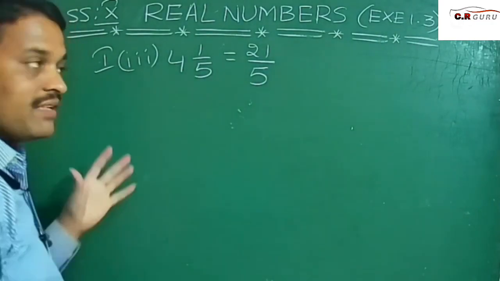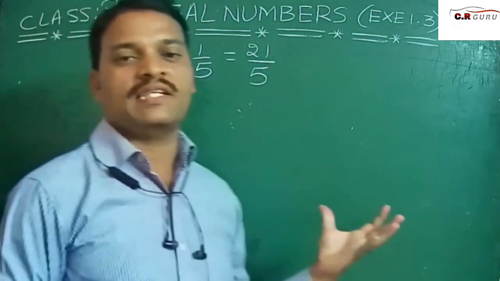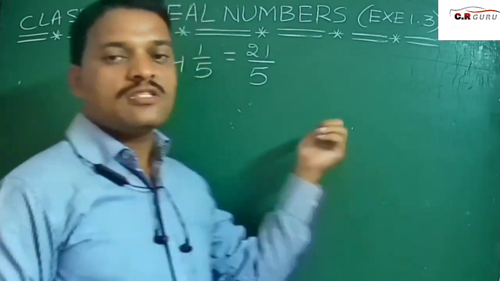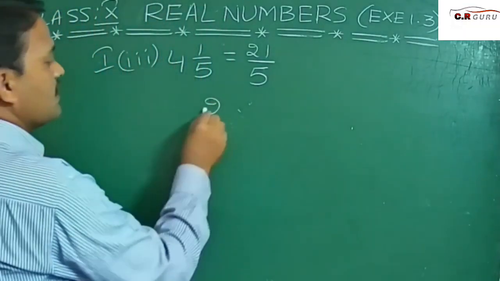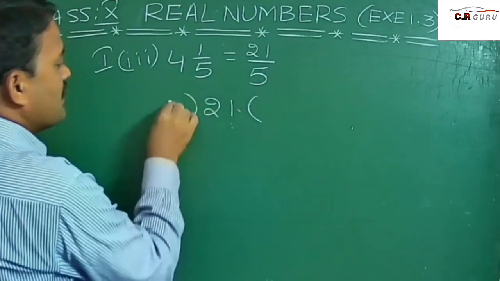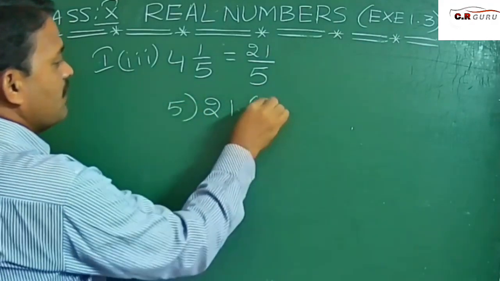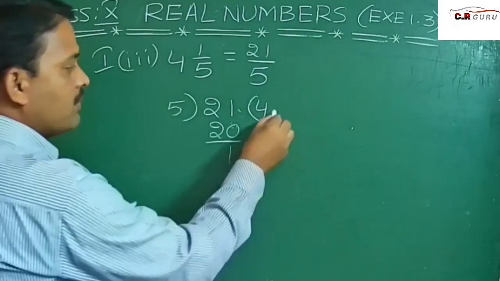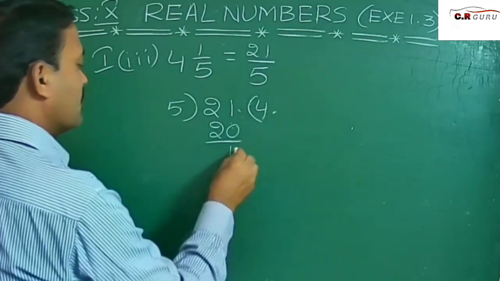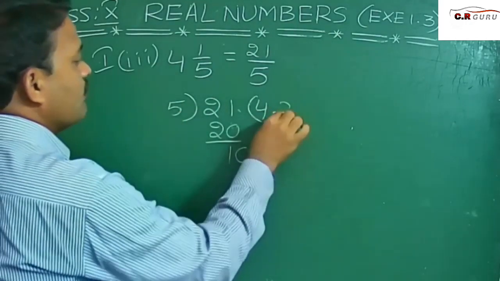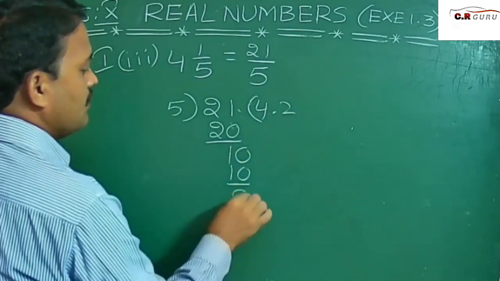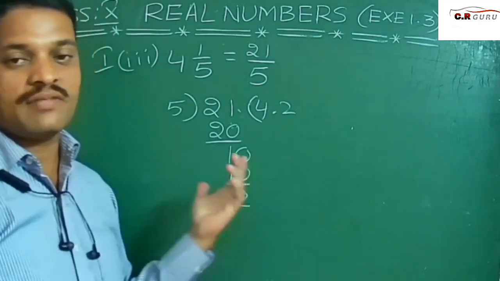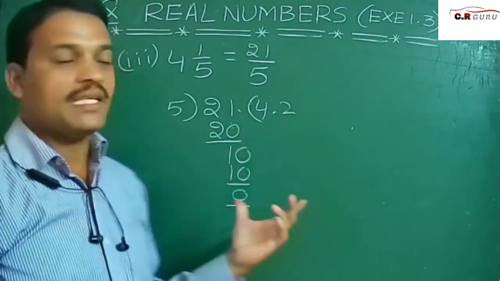To check whether it is terminating or non-terminating without using the terminating formula, do normal division. 21 is divided by 5. 5 fours are 20, the remainder is 1. Put the point here, take 0, and 5 twos are 10. So the remainder is 0.